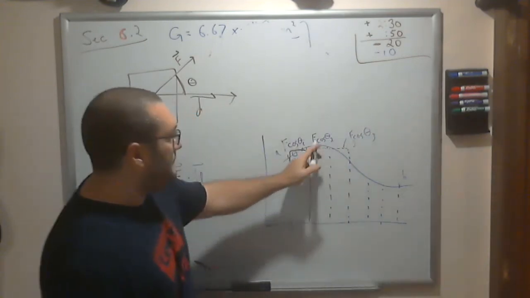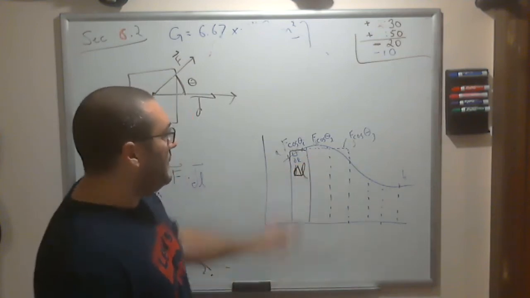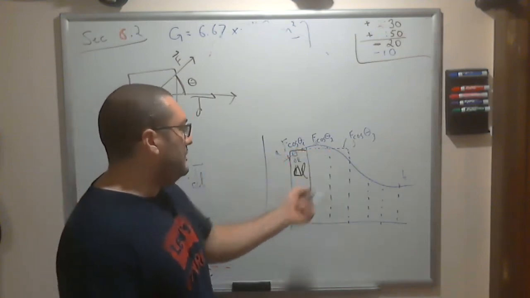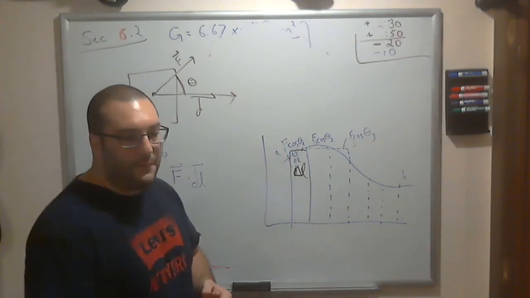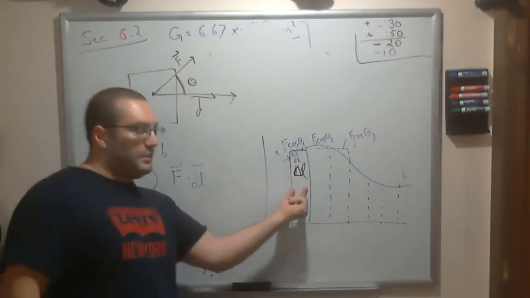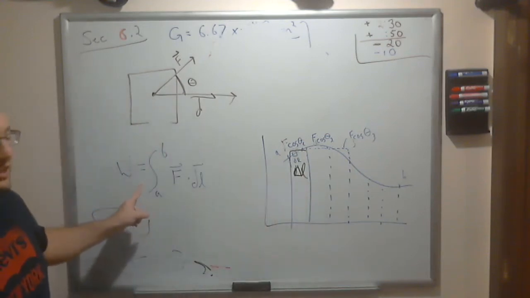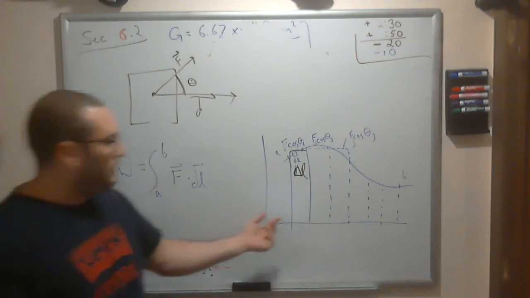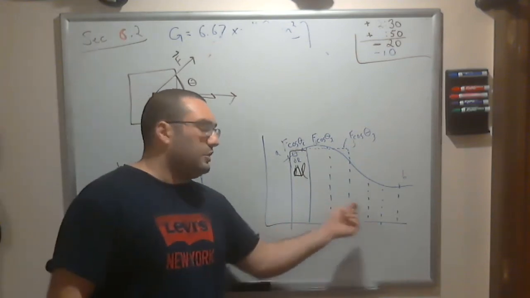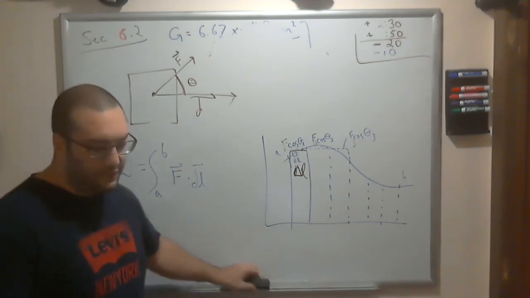In this region, it may be different, so we do F2 times cosine theta 2, that's the new angle, and then we add it up, and it comes out to equal this integral. When we make these intervals small enough, it ends up being equal to the integral, right? The integral is just a sum of the area under the curves. So in the most general sense, it's given by this formula.